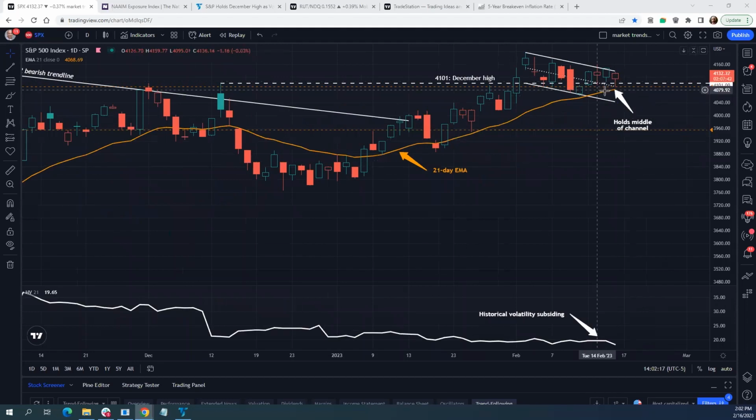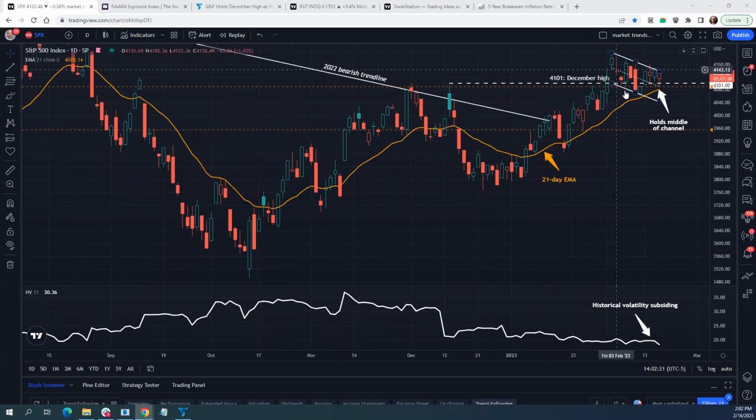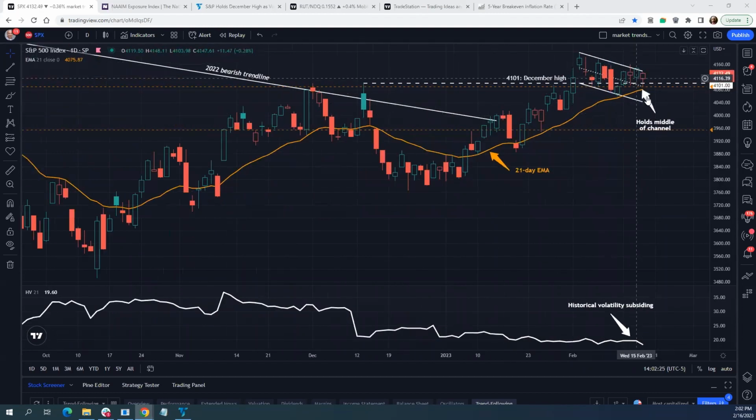You have a rally, then a price channel coming down, and it's a flag. Then instead of going down to the bottom of the channel, it holds somewhere near the middle of the channel. And then you have a higher low, and then the potential for a breakout. What's interesting here is the higher low is occurring at the important 4,100 level.